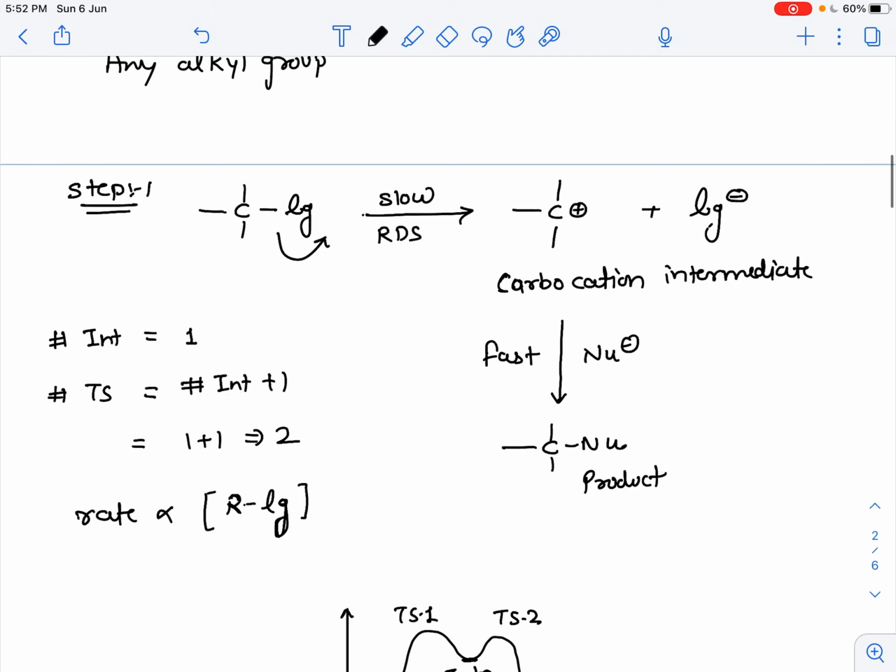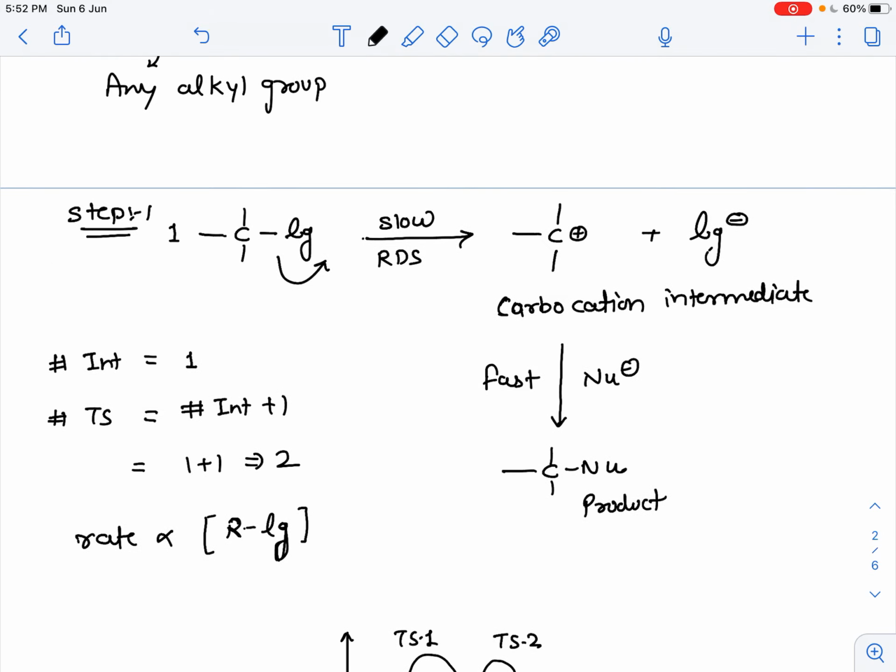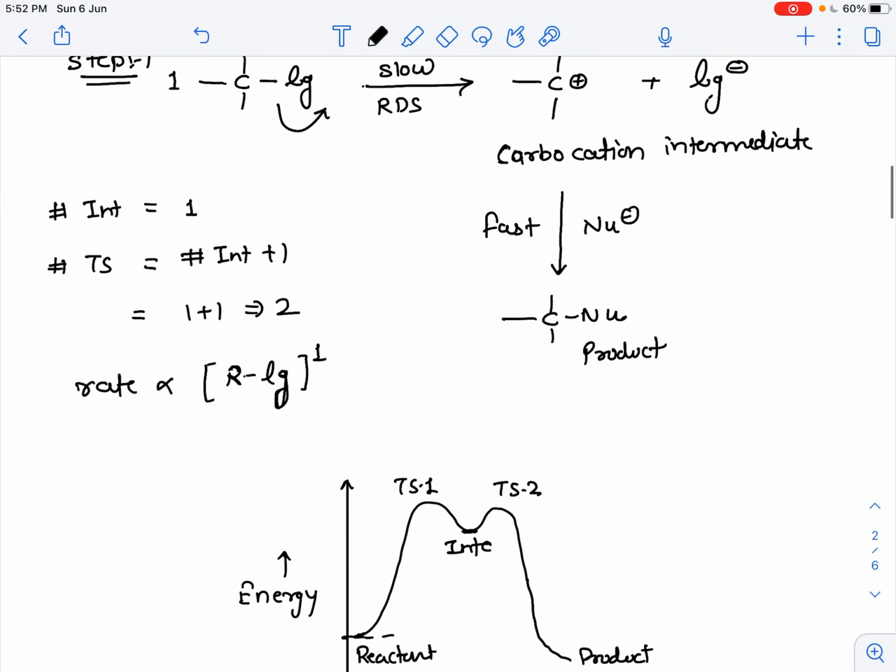And you can see that its stoichiometry is 1, so to the power 1. That's why the order of reaction is equal to 1. That's why it is called a unimolecular or first order mechanism. Clear or not? Okay beta, so this is the first order mechanism, SN1 reaction.